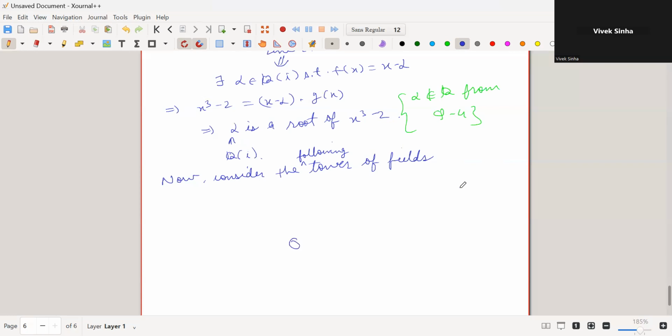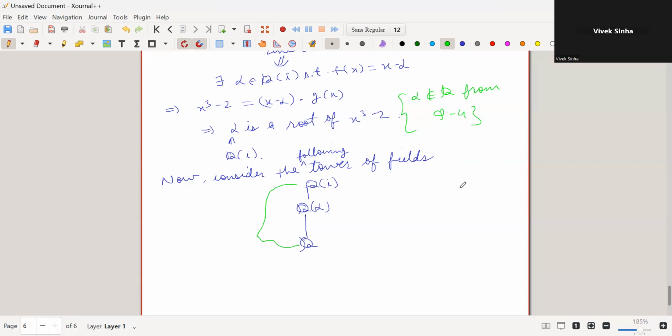So Q is there, and then you have Q(alpha), and then you have Q(i), right? So what is the degree of Q(i) over Q? 2.